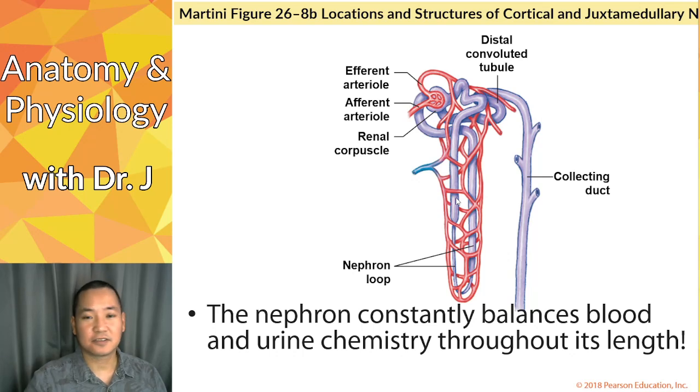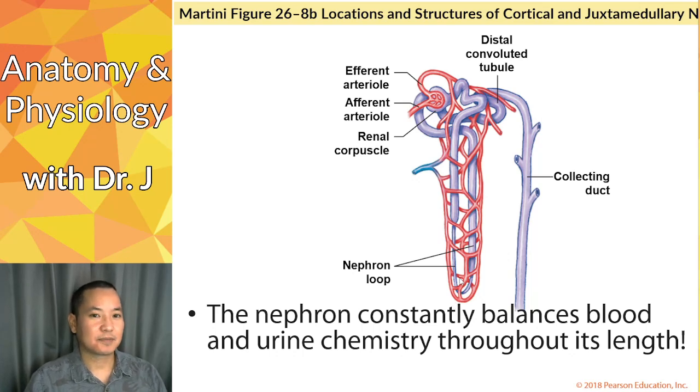So where do all those ions and that water go? Remember that we have these blood vessels that surround the renal tubule. The renal tubule isn't naked by itself, and the efferent arteriole doesn't just go back to the systemic circulation in your body. If you draw out water, and sodium and chloride and all the other electrolytes, it ends up in the interstitial fluid between the tubule and the blood vessels, but this can also diffuse and end up in the blood vessels themselves.